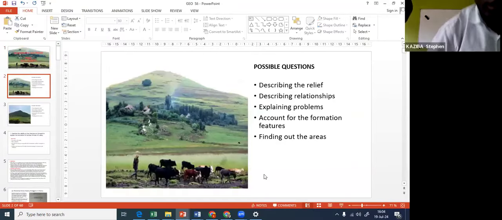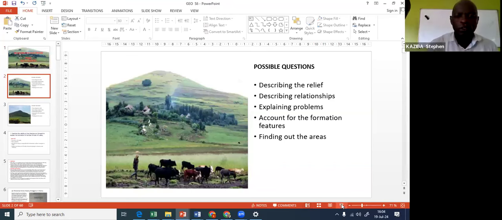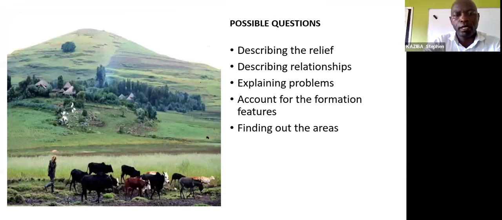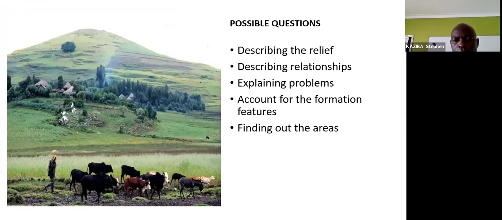Look at that photo, and we're going to look at all the questions that can be asked about photographic interpretation. The first question they can ask is draw a landscape sketch of the area shown on the photograph. I guess all of you can see that.